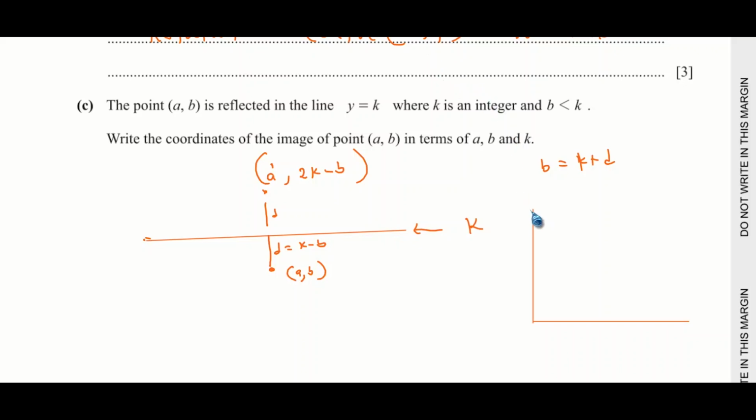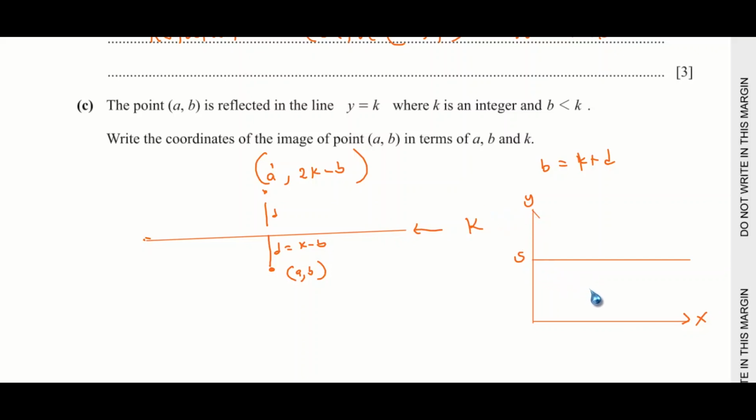If we have the mirror line, let's say somewhere around here, at y equals 5, for instance. So the mirror line is y equals 5. I'm giving you a practical example now.